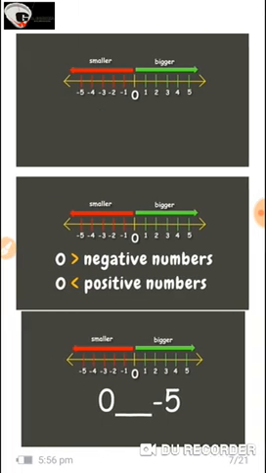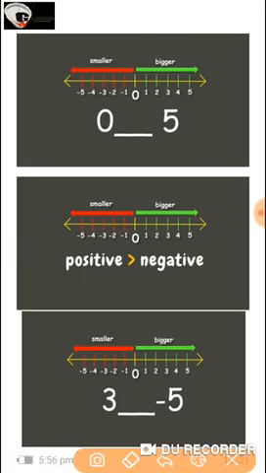And if we have the numbers 0 and 5, 5 is a positive integer. I told you that 0 is less than any positive integer, so it means 0 is less than 5.